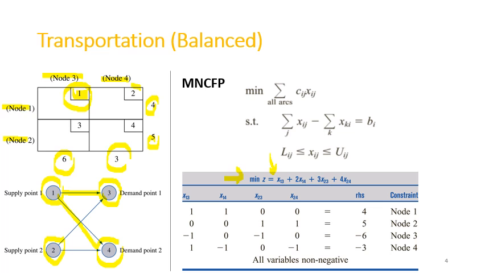From 1 to 4, the cost is 2, so 2 times x14. And then 3 times x23, and then 4 times x24. So what does x24 mean? It means the number of units that are sent from supplier 2 to node 4.